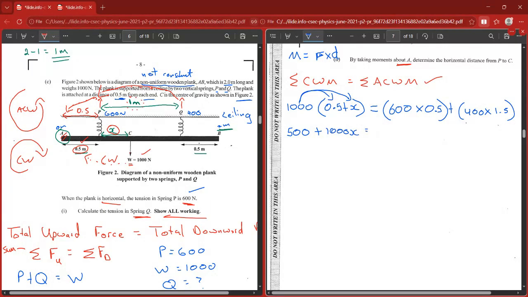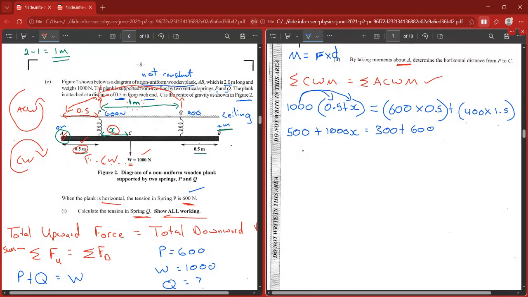Now 600 by 0.5, that's half of 600, which is 300, plus 400 by 1.5, which is 600.